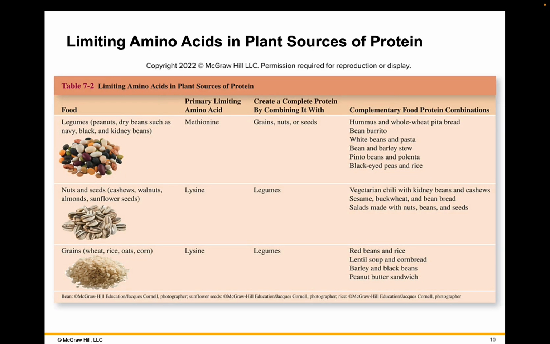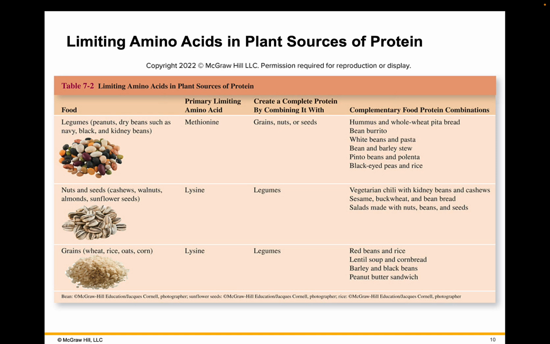There are some examples, and probably the example that you are most familiar with is red beans and rice. The limiting amino acid is lysine, but you can combine it with something like legumes, and you will get a complete protein for the most part. So this is a very common practice in vegetarians.